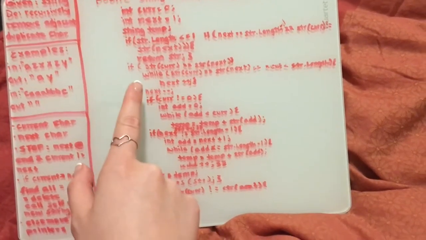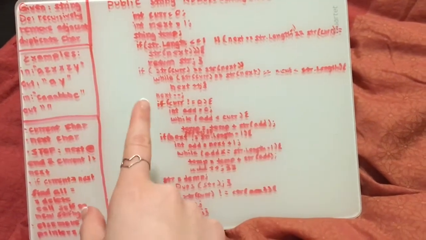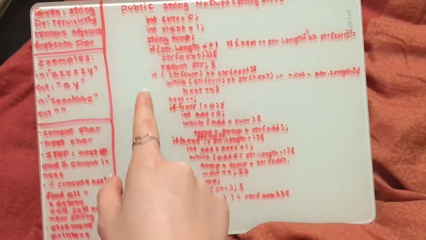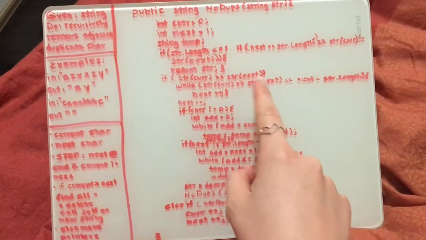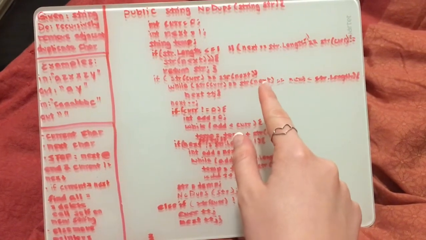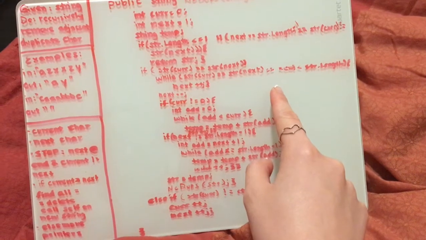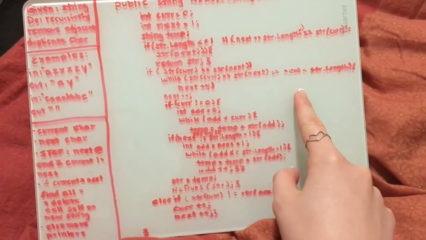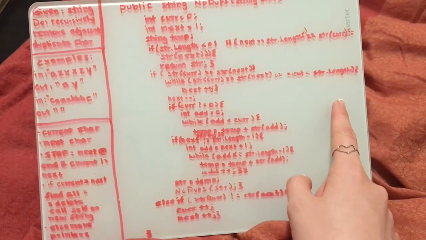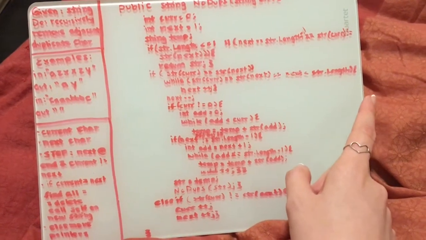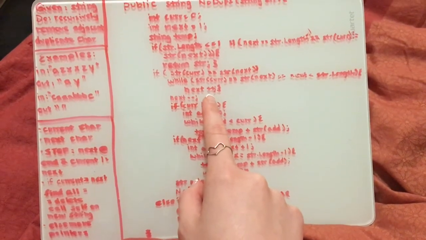If it is, then we're going to find all of the duplicates that are in a row by saying while the string at the current character is equal to the string at the next character, and the next is less than the length of the string, then we're going to increase next.